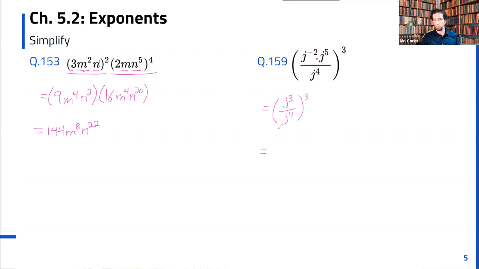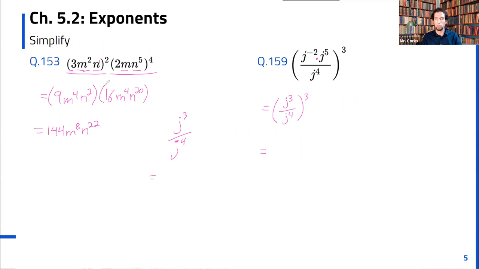We can simplify j cubed over j to the 4. It will be 1 and delete j, kind of. -1. Okay, so let's write out what's happening here. j to the exponent 3 over j to the exponent 4. What we are simplifying this to is we have the same base, j, but we have division here.